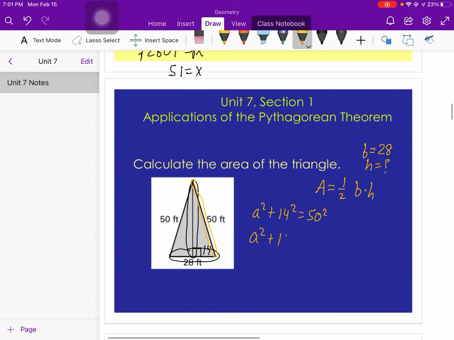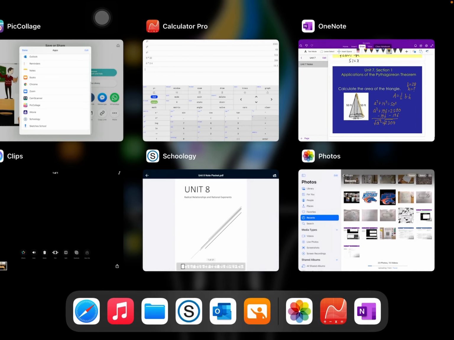A squared plus 196 equals 2,500. And we're going to subtract 196. We're going to get a squared equals 2,304. And then we're going to have to take the square root of that.